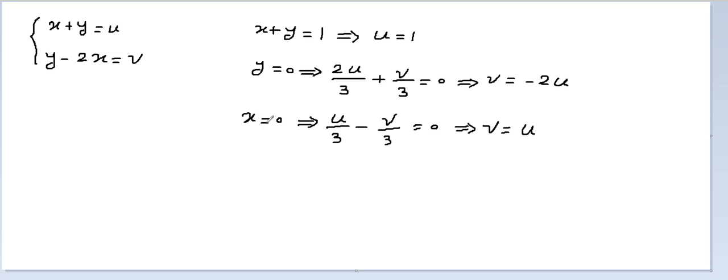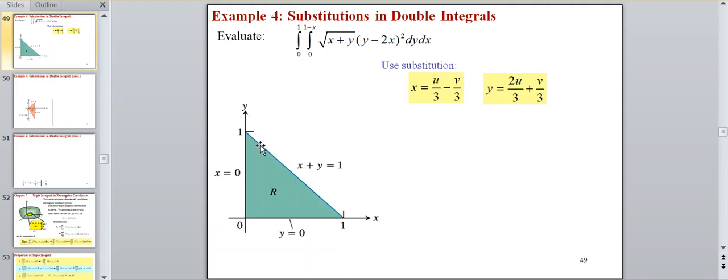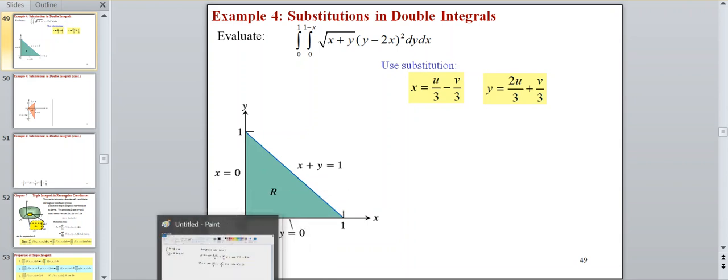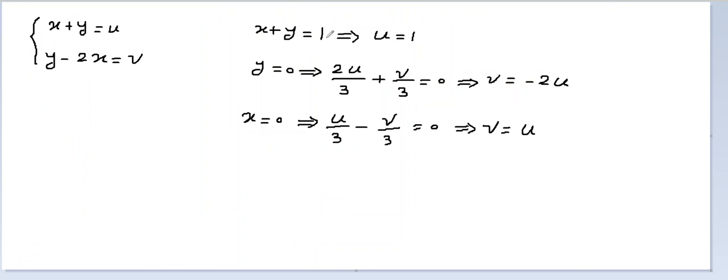When x equals 0, it means u over 3 minus v over 3 equals 0, so v equals u. So region R bounded by x plus y equals 1, y equals 0, x equals 0 is equivalent, in terms of u and v, to u equals 1, v equals minus 2u, v equals u.